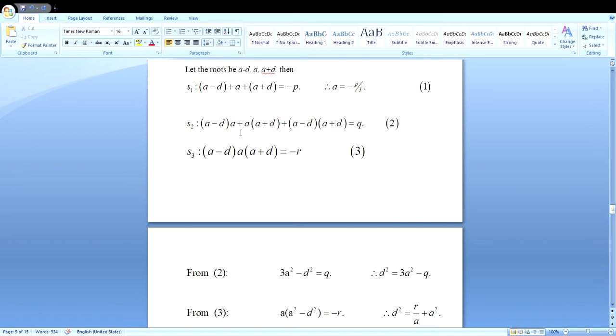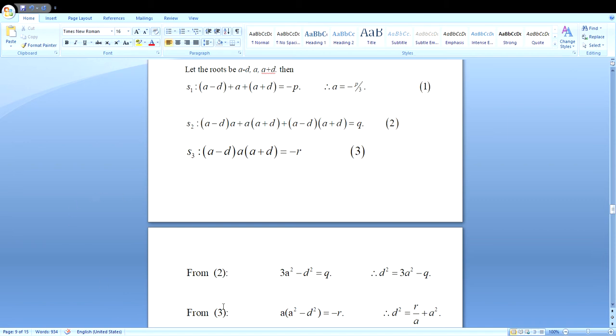Here we will get a square plus ad, minus ad plus ad gets cancelled. Here you have a square minus d square. Therefore, it is 3a square minus d square, which is equal to q. From this, again, d square is 3a square minus q.